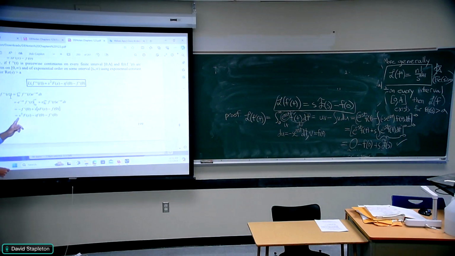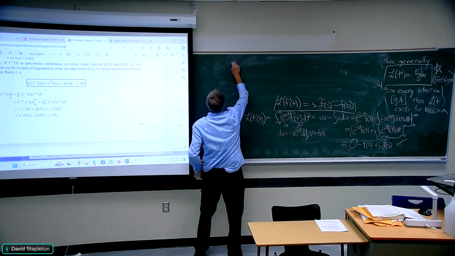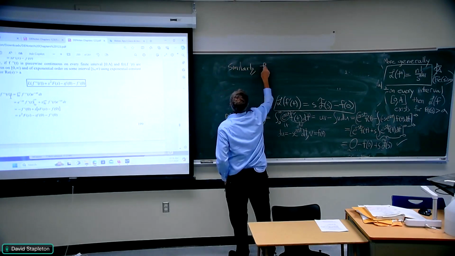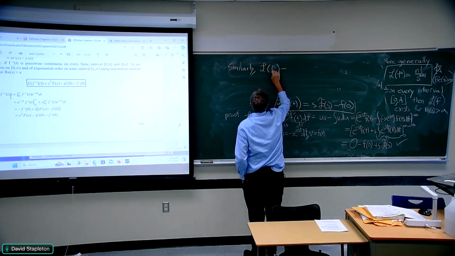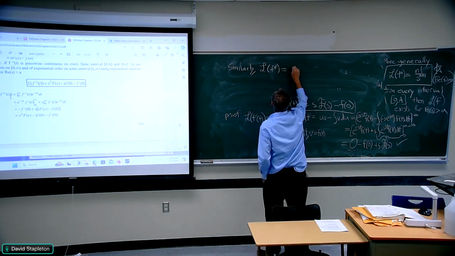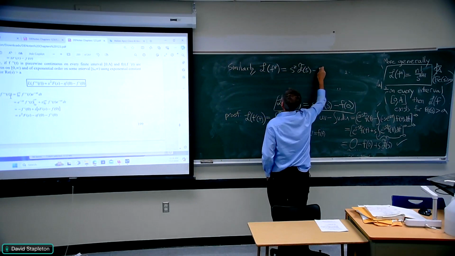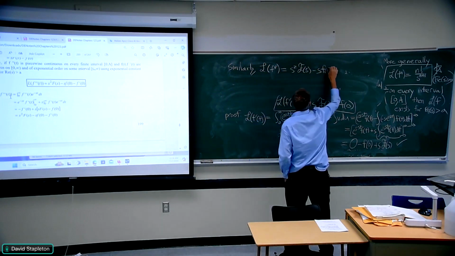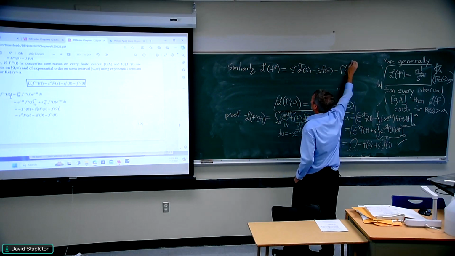And you wind up with the Laplace transform of f double prime equal to s squared times the transform of f minus s times f of 0 minus f prime of 0, using two integrations by parts.